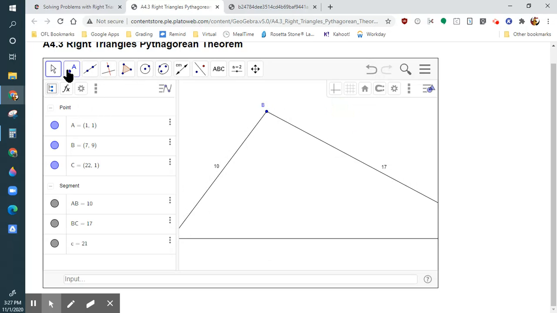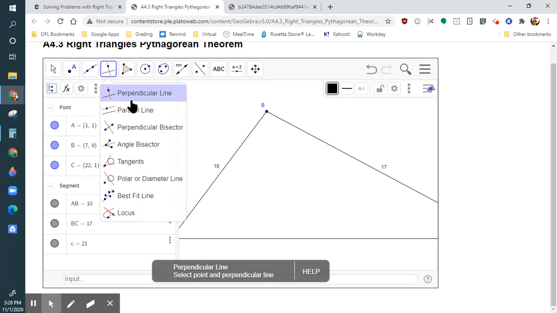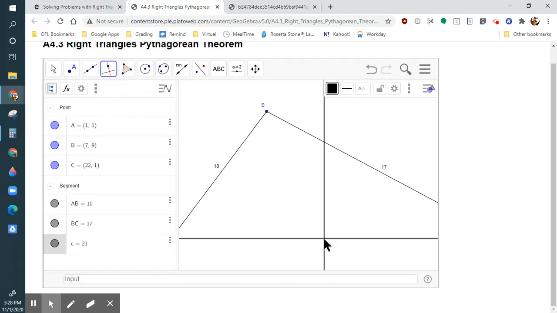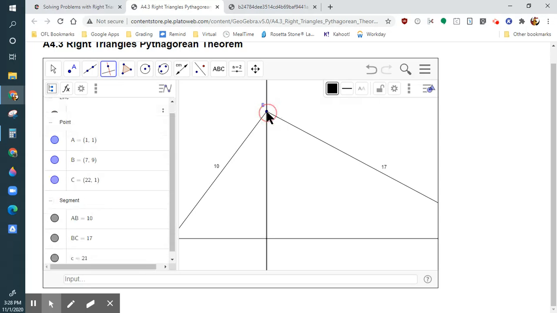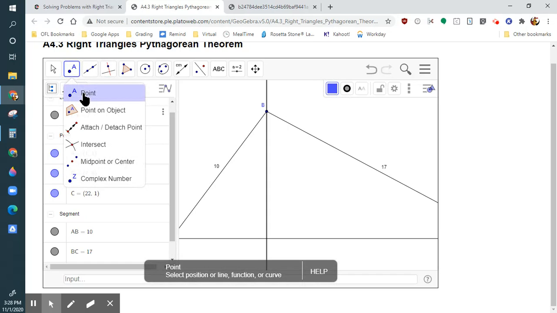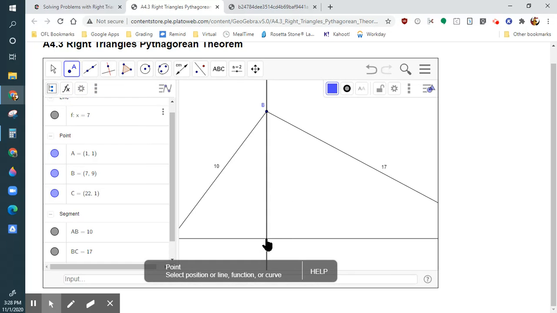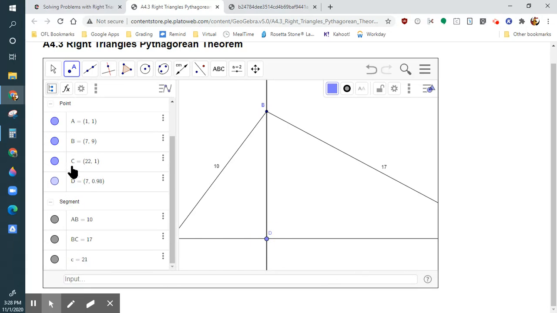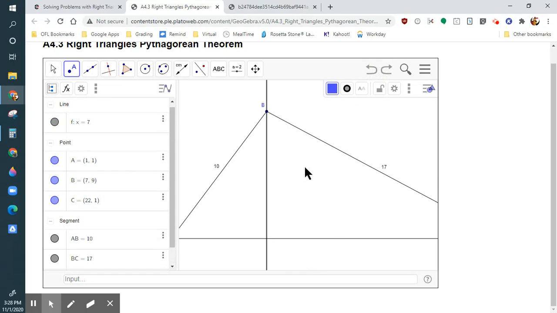So let's see if this works. Perpendicular line. This line. Okay. And then point. Close. It is not matching up. I'm not sure why this is being so stubborn.